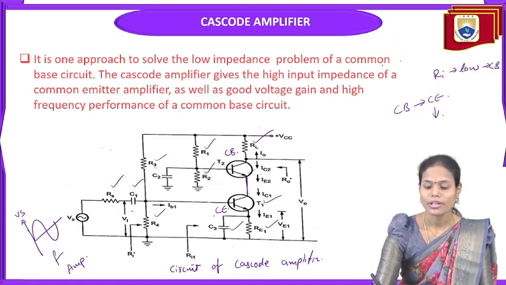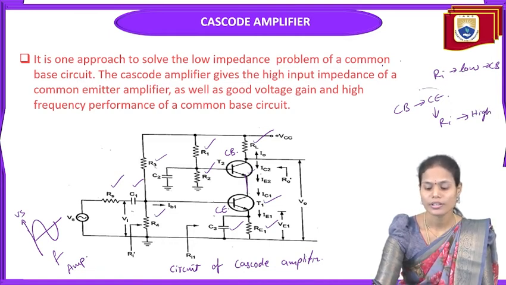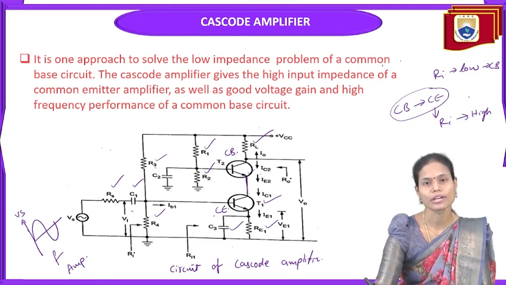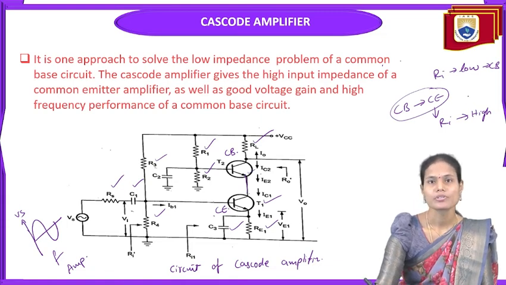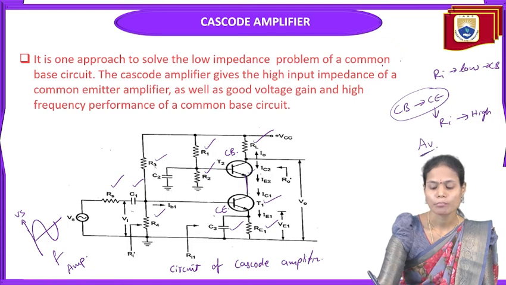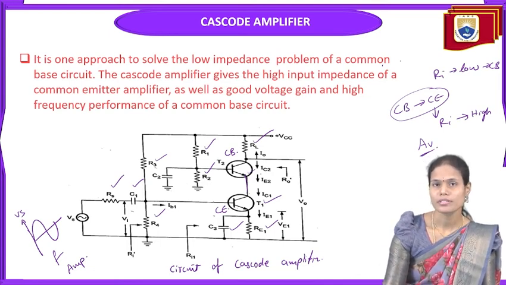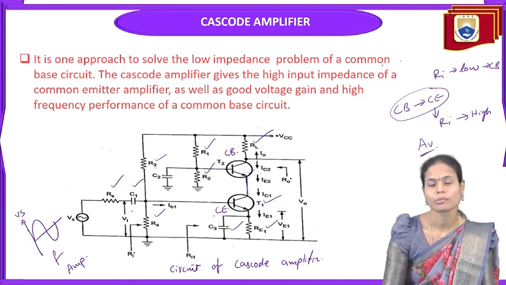This common emitter amplifier will provide high input impedance. So because of interconnecting these two, the overall input impedance is improving, and the common emitter amplifier also provides high voltage gain. So both the voltage gain as well as input impedance improve when we interconnect the common base and common emitter amplifiers. And this Cascode amplifier will provide good performance for high frequency signals.